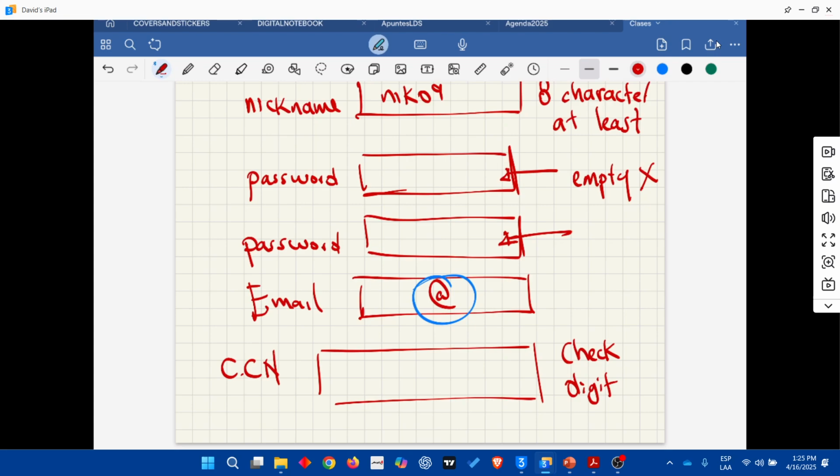That there is a digit that is going to be used for checking all the information. In this case, the credit card number. I'm going to give you an example. Let's suppose that I'm going to write 1, 2, 3, 4, 5. That means that if I add these numbers, the result is going to be 15.